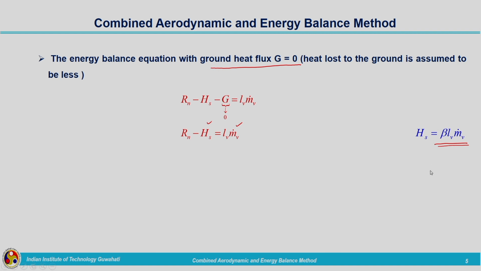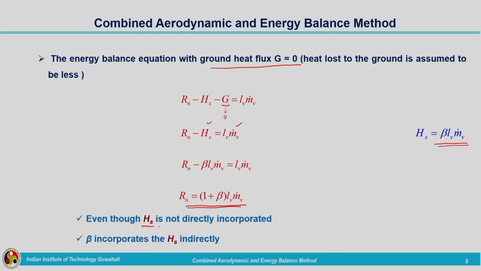So for Hs we can substitute beta Lv mv dot. The terms can be readjusted and we will get the expression for Rn as 1 plus beta multiplied by Lv mv dot. Here you can see we haven't neglected the sensible heat; we have incorporated the sensible heat in terms of Bowen's ratio.